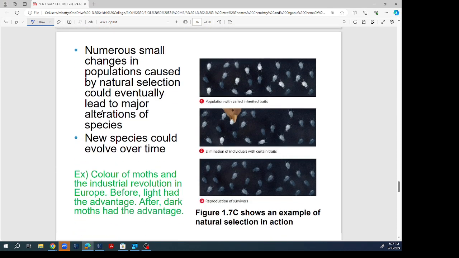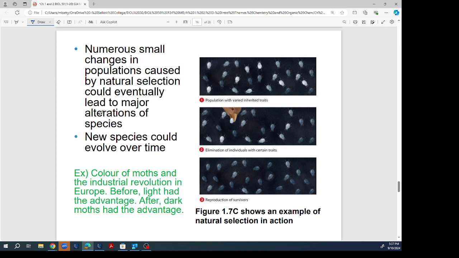This is a great example of natural selection. And so basically what this is trying to illustrate is that in Europe, this would be pre-industrial revolution. And so previously, I think they were moths in the classic example I know, but these are beetles in your textbook example. Some are light, some are dark. There's a variety of colors.